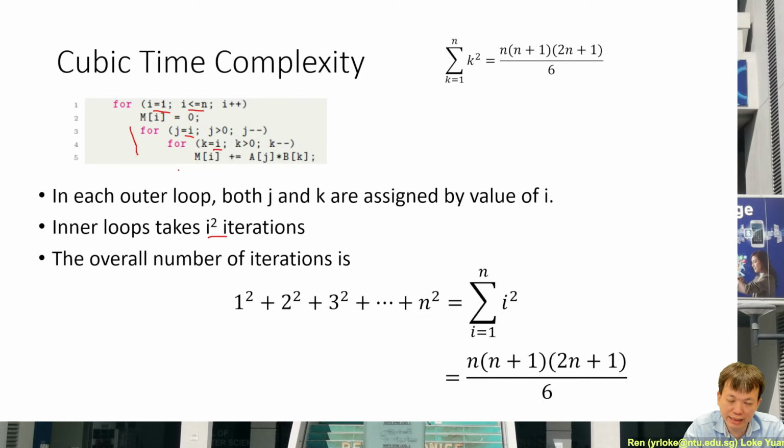In other words, the total number of operations I need to take is 1 square plus 2 square plus 3 square up to n square. Then what is the total number of operations I need to take for this particular example, which is this formula.